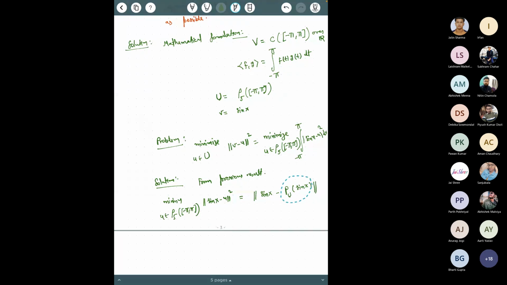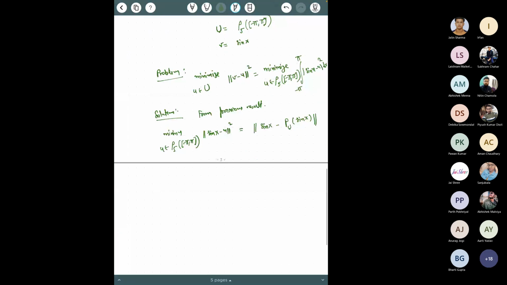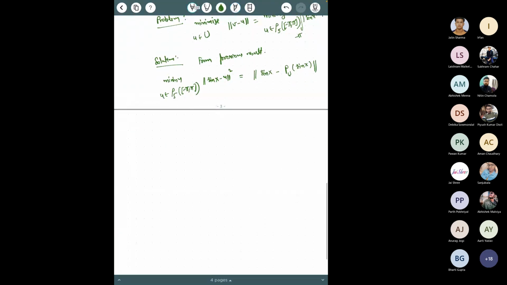For example, using the Taylor series up to degree less than or equal to 5, it would be x minus x cubed over 3 factorial plus x to the 5 over 5 factorial. So this is one approximation, and then we have another approximation given by this best approximation. The first is from calculus, and this is what we have now learned from linear algebra.